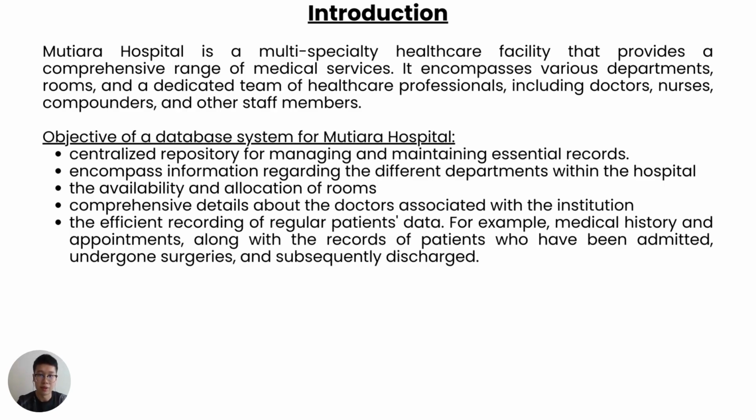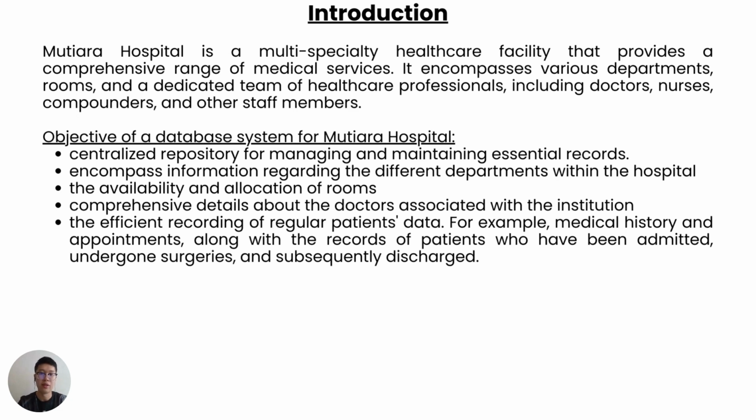Now I would like to talk about the introduction. Mutiara Hospital is a multi-specialty healthcare facility that provides a comprehensive range of medical services to their patients. It contains a lot of departments, rooms, and also the professional teams, including the doctors and nurses.